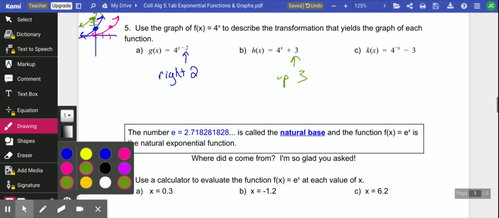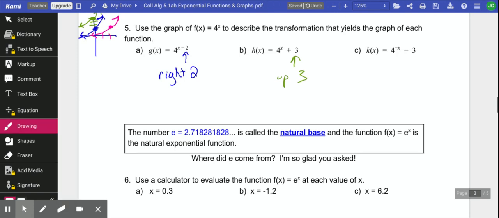And we need one more color. How about purple? And then this one, a negative and a minus 3. Well, the minus 3 is going to take it down 3. And the negative on the inside is going to reflect it, but it's going to reflect across the y-axis.